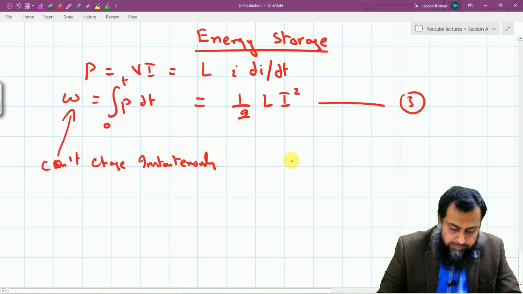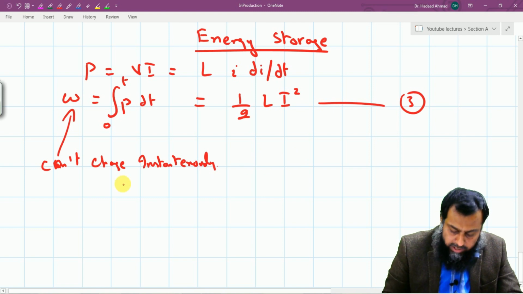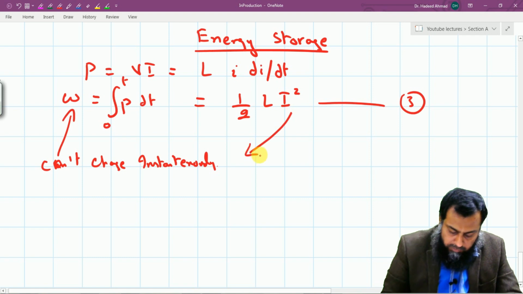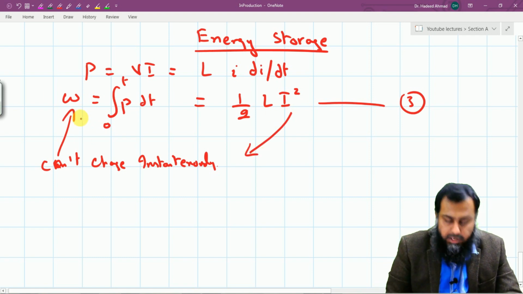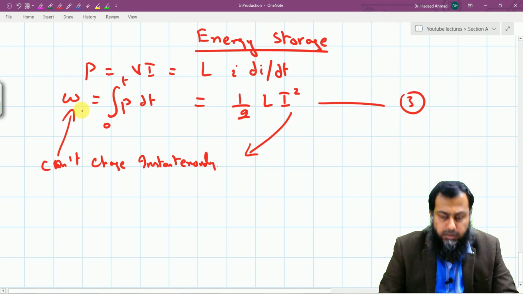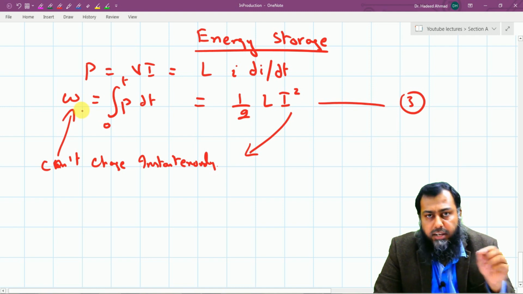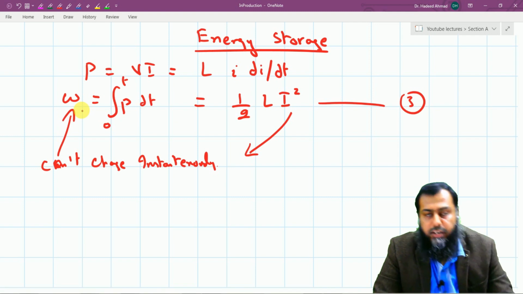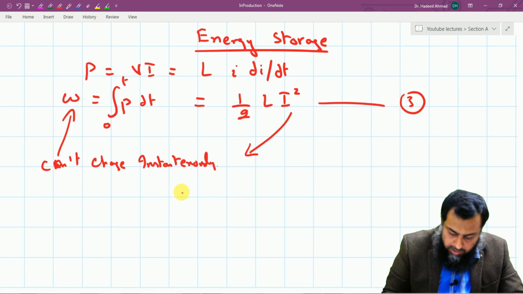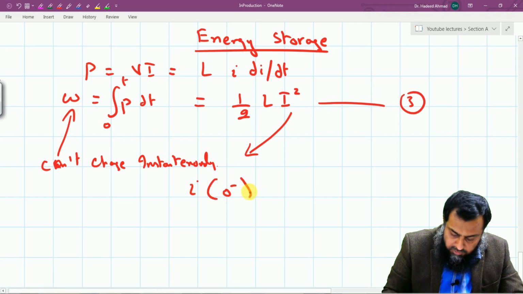This implies that the current through an inductor cannot change instantaneously as well. This is a phenomenon related to the amount of energy stored in the given inductor, which we have discussed a little earlier. So what we can say here is that for any given inductor, i(0 negative) is always equal to i(0 positive).